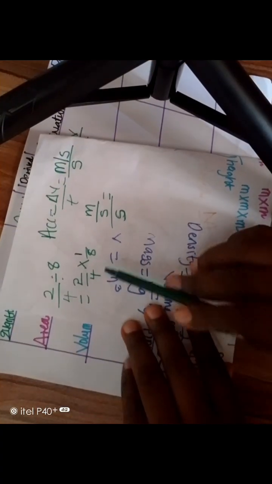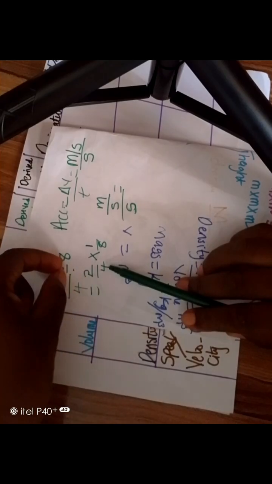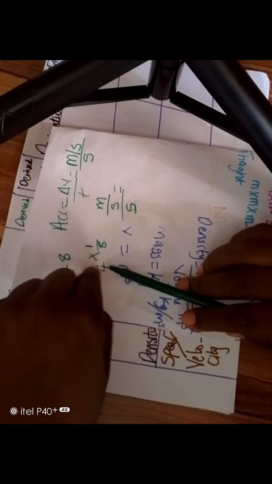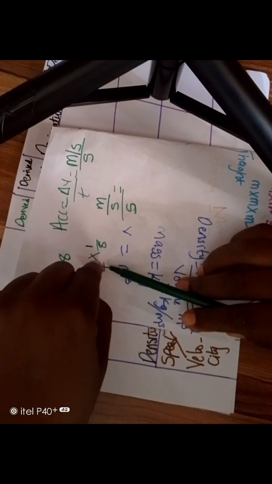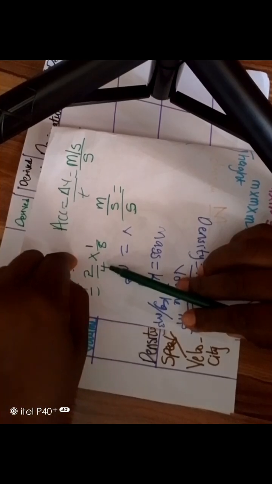Do you understand? Let me come again. Mathematical rules say that when you have something like this, for you to solve it, you change the division to times. Because you are changing it to times, you interchange this number. Any number that is there, you reciprocate it.